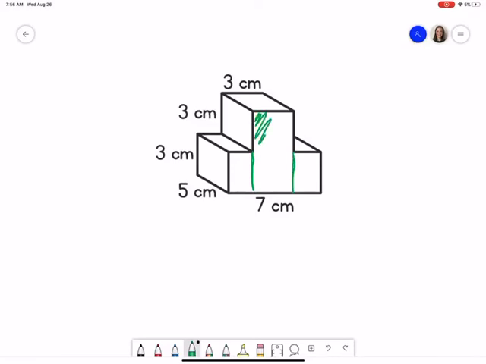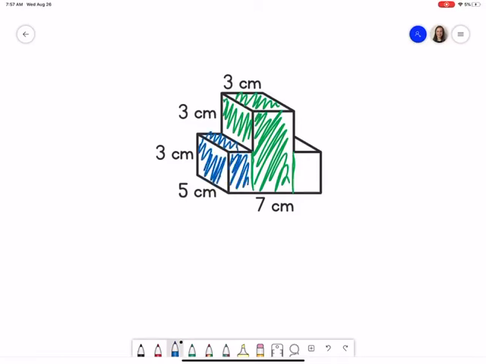We could have said that this was a rectangular prism, and then this was one over here, and this was one over here.